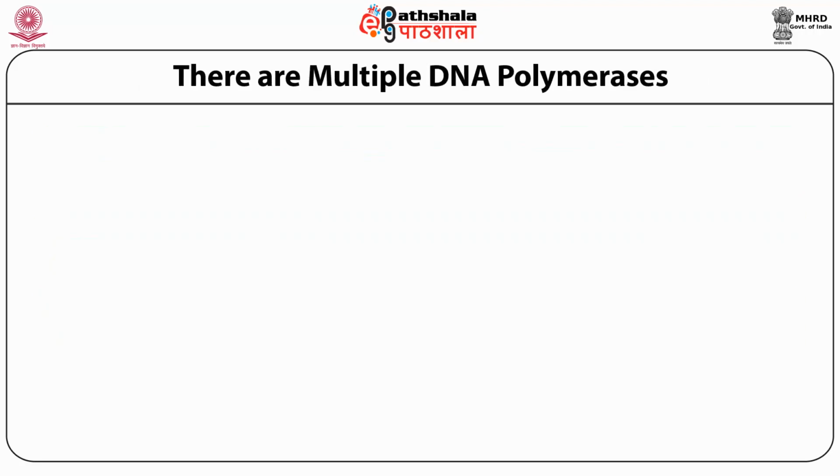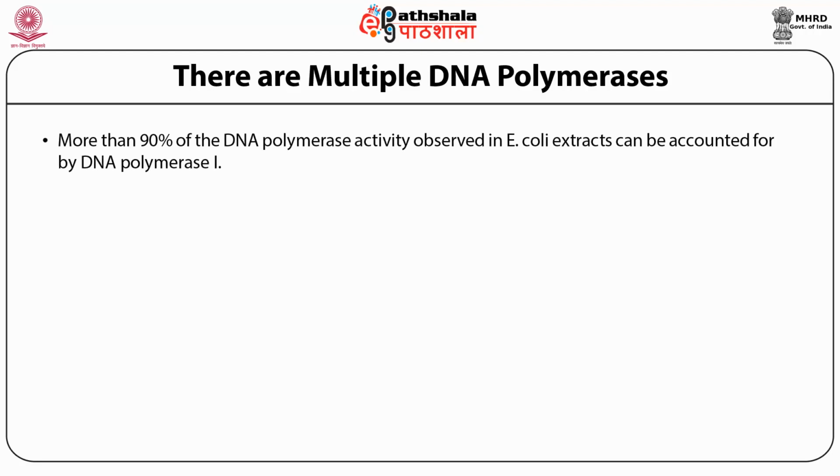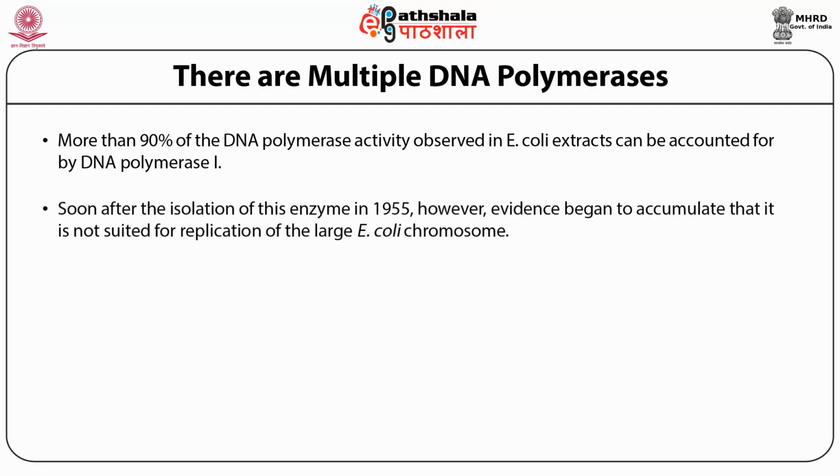There are multiple DNA polymerases. For example, more than 90% of the DNA polymerase activity observed in E. coli extracts can be accounted for by DNA polymerase 1, but later on in 1955, evidence began to accumulate that it is not suited for the replication of the large E. coli chromosome.